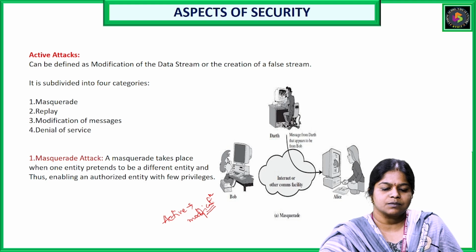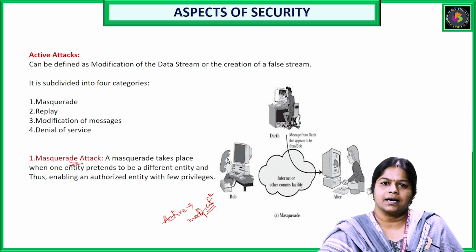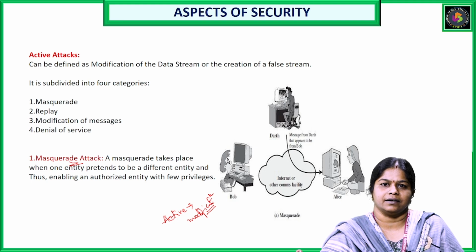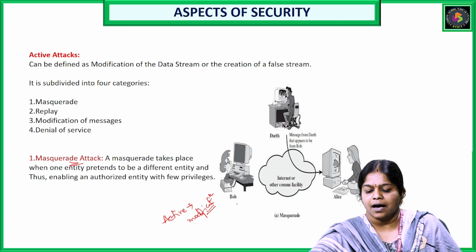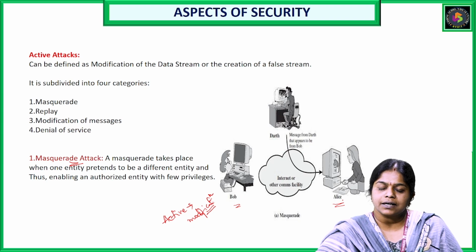Now we'll discuss the masquerade attack. A masquerade attack is an attack where the opponent behaves as an original entity and communicates to the other entity. For example, here we have Bob and Alice, two authorized entities communicating.